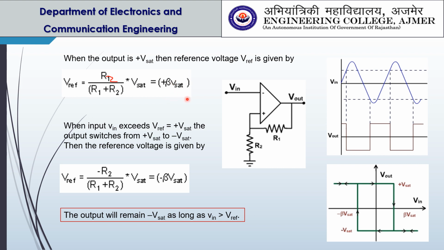Saturation is the maximum output that can be produced by an operational amplifier, generally plus or minus 13 volt to plus or minus 15 volt.